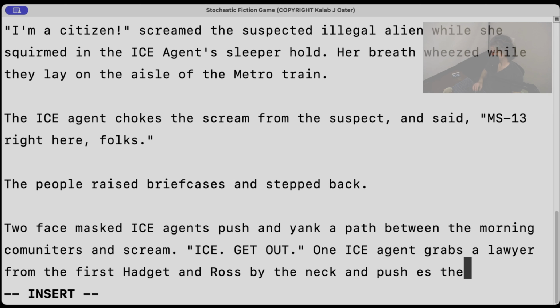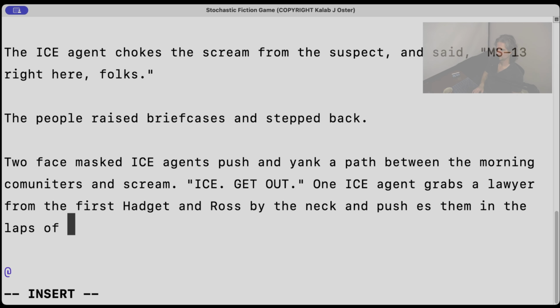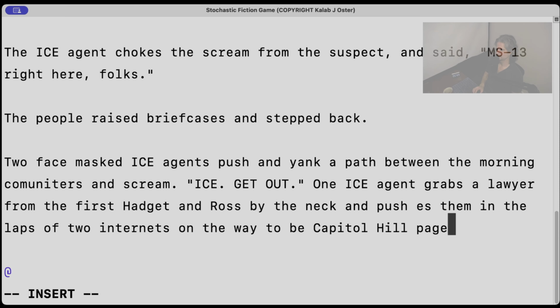Capital or capital? Grabs. Let's just do skin color because they're being racist too, right?